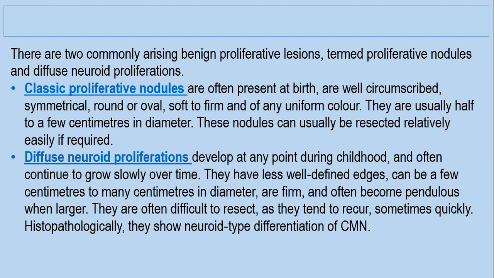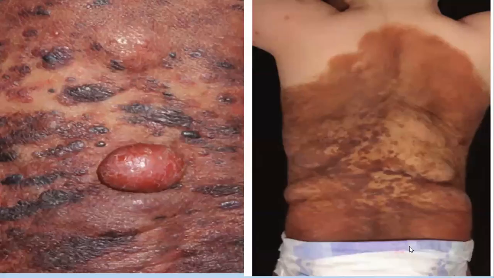Histologically, they show neuroid type differentiation of CMN. So it is a proliferative nodule of CMN, but typically it contains neuroid type or spindle-shaped melanocytes. This is a benign proliferative nodule, and this is a neuroid proliferation in a large congenital melanocytic nevus.